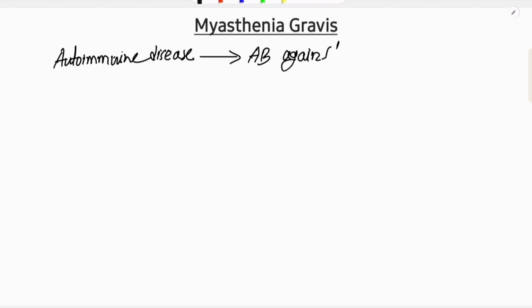At first, what is myasthenia gravis? Myasthenia gravis is an autoimmune disease. Body immunity produces antibody against the NM receptor. As a result, the NM receptor is blocked.